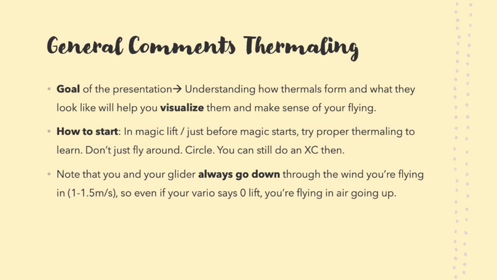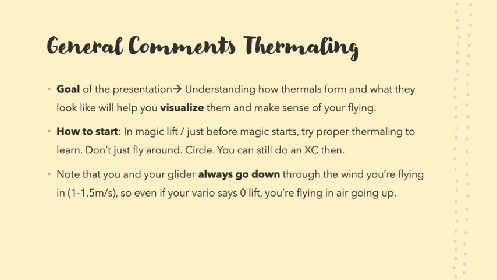And then a quick note, we'll come back to that a number of times during this presentation: to understand what's going on, it is important that you realize that even though you may go up in relation to the ground, you're always going down through the air. So if you're flying into a thermal, and the air in the thermal goes up by 6 meters per second, you only go up by, let's say, about 4.5 to 5 meters a second, because you're always going down through the air at a meter and a half per second.